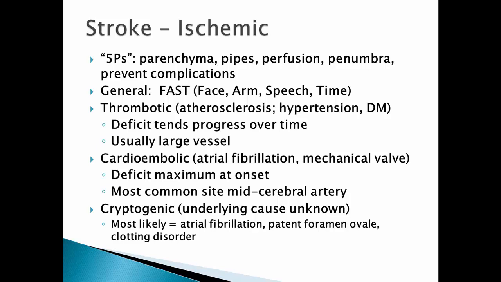A second likely cause is a patent foramen ovale. Remember, that's an opening in the atrial wall. It's estimated that 15 to 25% of adults still have a small opening in that atria. And then the third potential cause of cryptogenic stroke is a clotting disorder. When we think about clotting disorders, remember those things we talked about before: Factor V Leiden, an autoimmune disease that may make someone hypercoagulable.